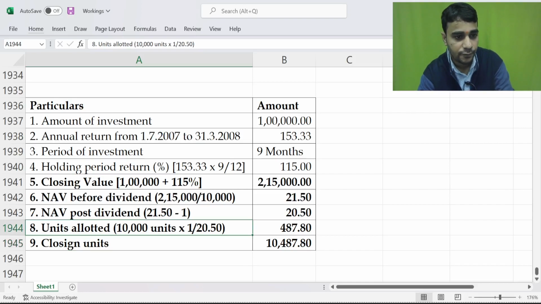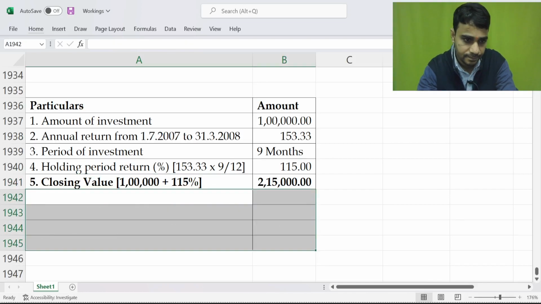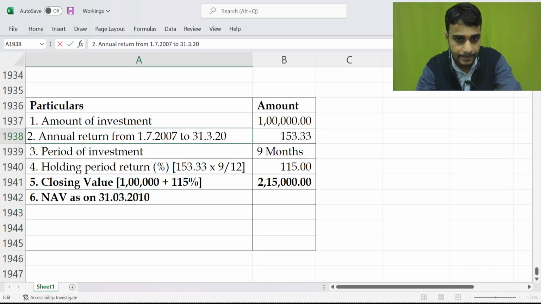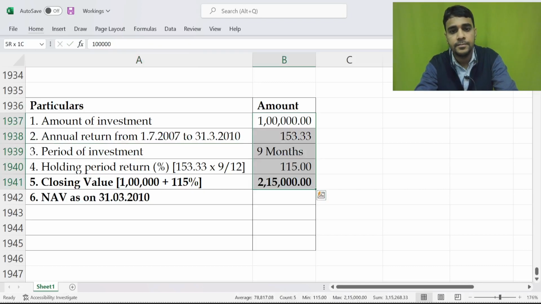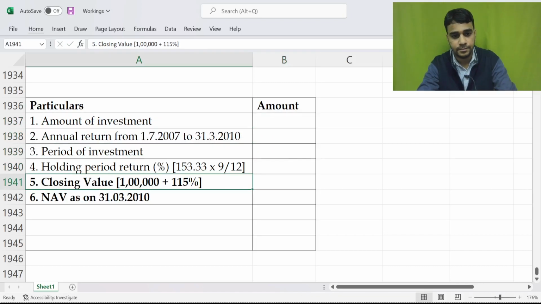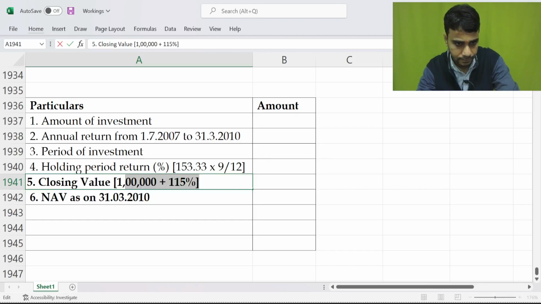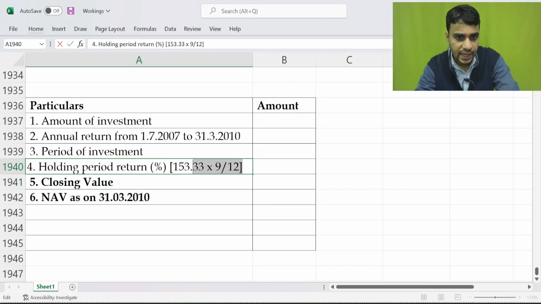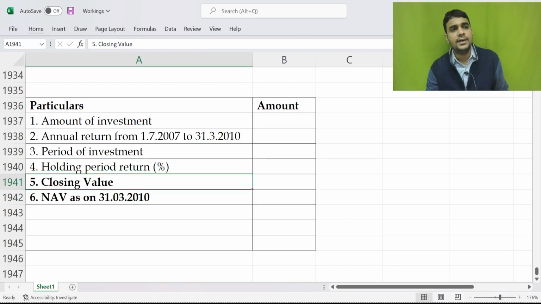Do this calculation. The annual return is from the starting date till 31/3/2010.